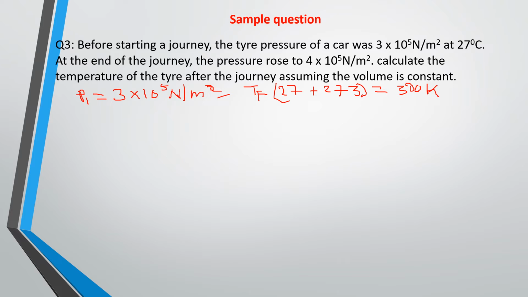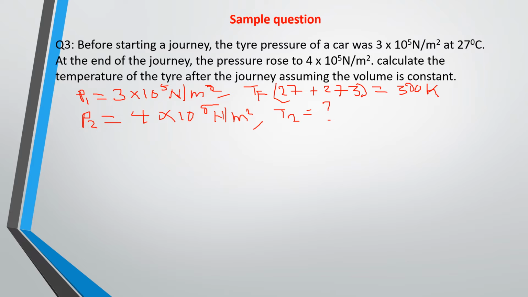Then the final pressure P2 is given to you to be 4 times 10 raised to power 5 Newton per meter squared. Okay, so T2 is the unknown. We don't know the final temperature.